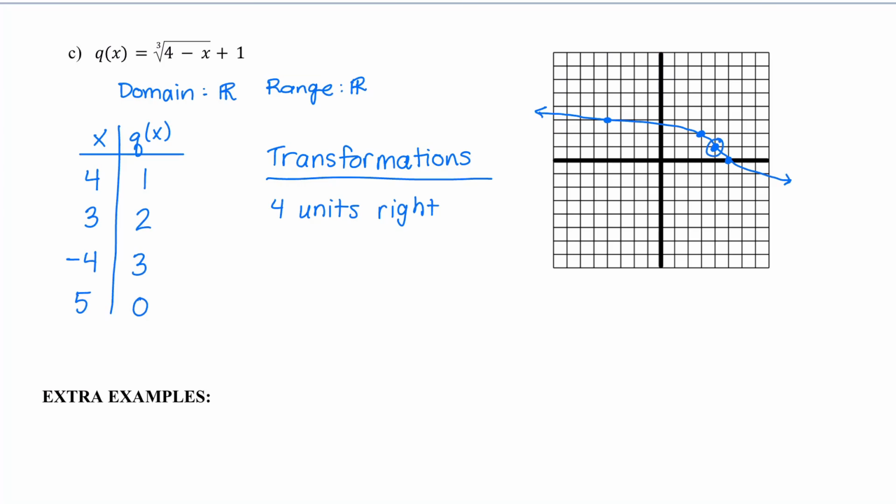The middle of my little S curve here is 4 units to the right of the origin. And I'm also going to go 1 unit up because of my plus 1 here for K.